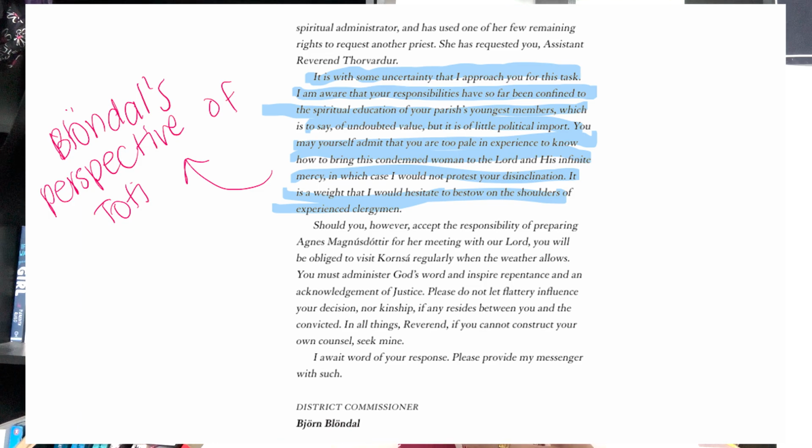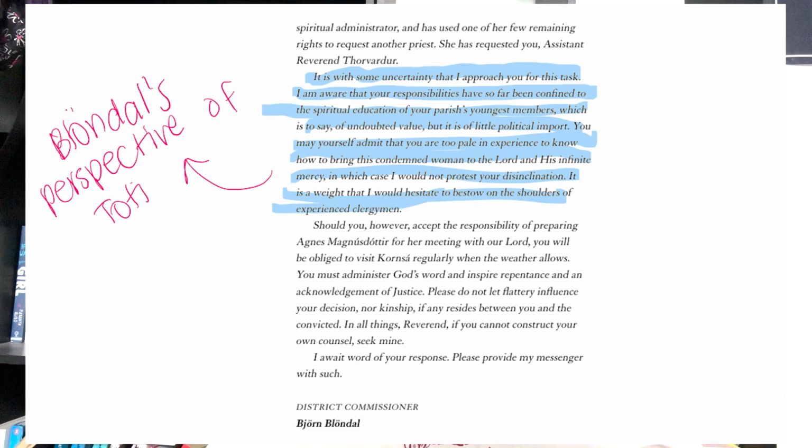If that were the question we were to get, we could really talk about the fact that it was made really clear to us from Bjondel's letter to Toti what he was expected to do. Because it says that Toti will have the responsibility of preparing Agnes for meeting the Lord, visiting Kornsá regularly when the weather allows, administering God's word, and inspiring repentance and an acknowledgement of justice. If our essay question was about justice, this is a really cool piece of evidence that we could use as well.